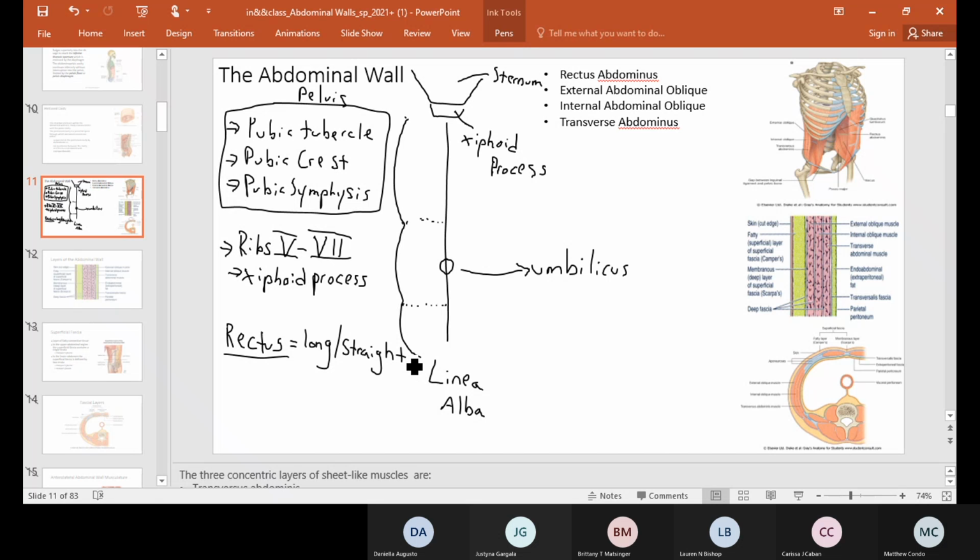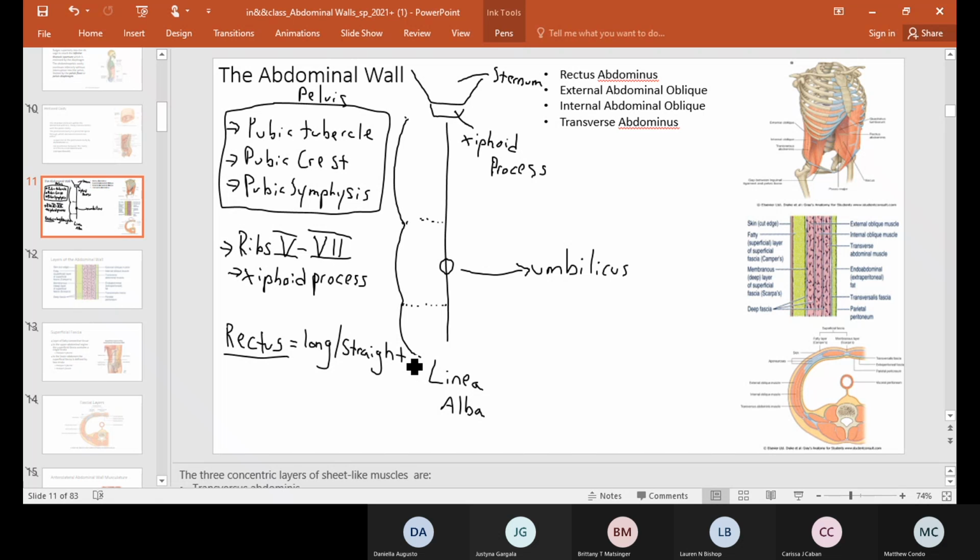Now, rectus abdominis is simply going to, when contracted, do one of 2 different things. When the trunk is able to move, it's basically going to bring my rib cage towards my pelvis. It's going to create trunk flexion.